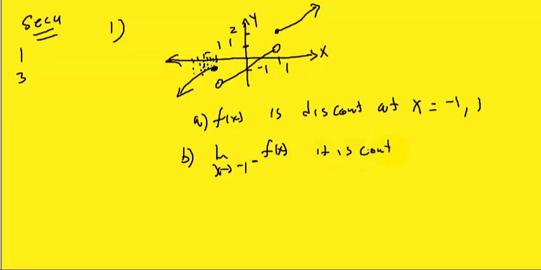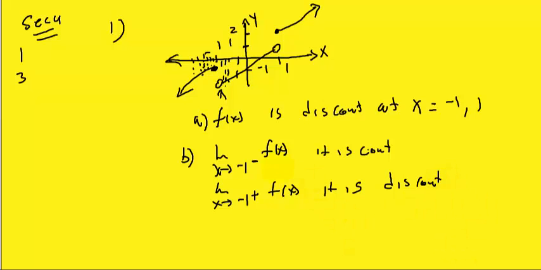Not from the right, but from the left. Okay, when I come from the right, I'm going to -1. Is the hole filled in? No. Okay, limit as x goes to -1 from the right side of f of x, it is discontinuous. Does that make sense?